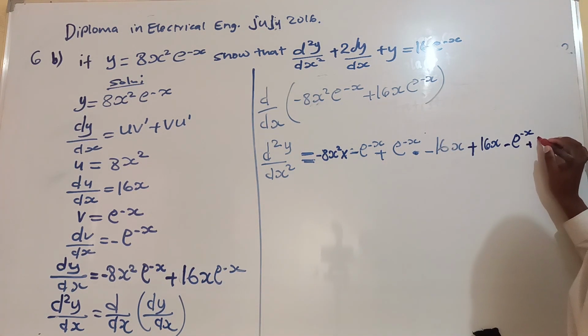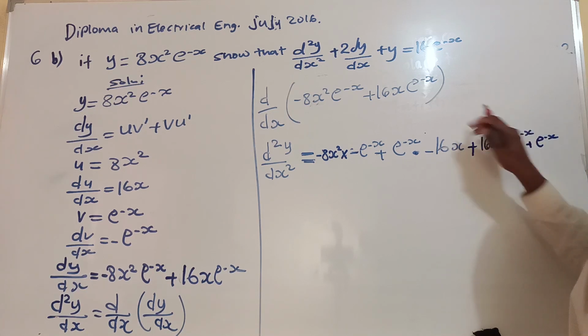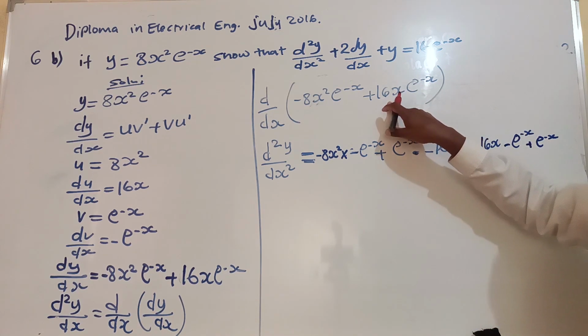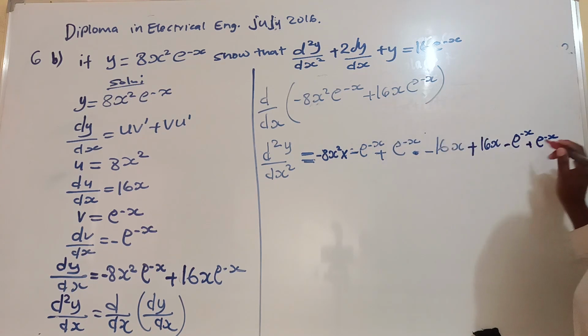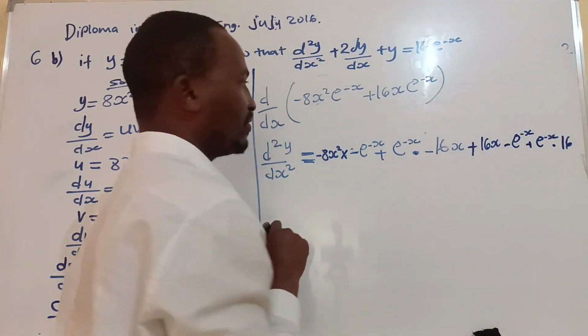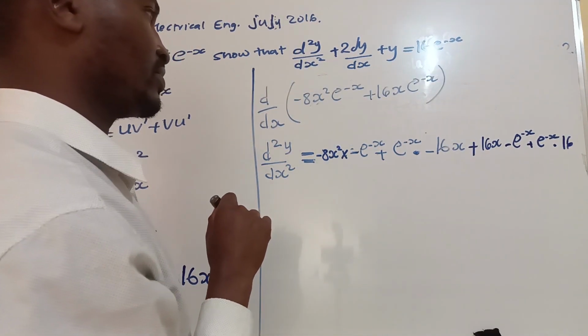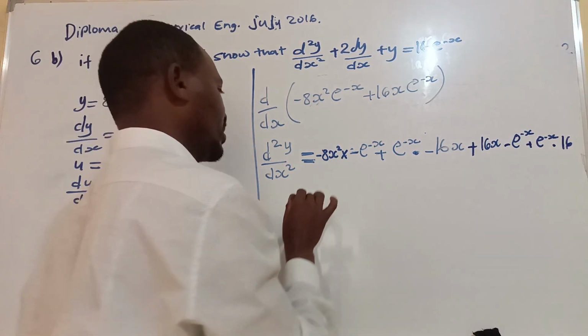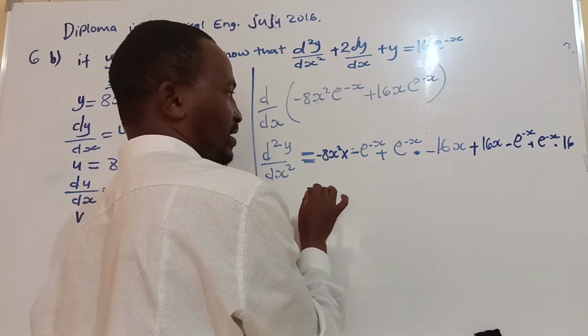Plus exponential negative x, this v, times the derivative of u, which is 16. So that is it. You can look for common factors, or do you have any? Anyway, let's write it in a proper way.